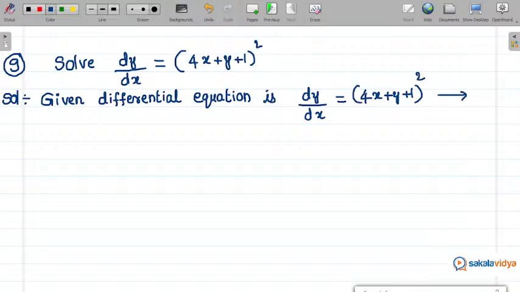Say this is equation 1. Let us substitute. Put 4x plus y plus 1 is equal to t.